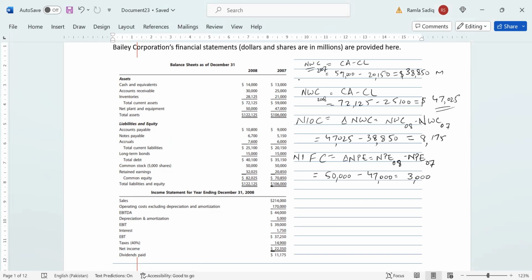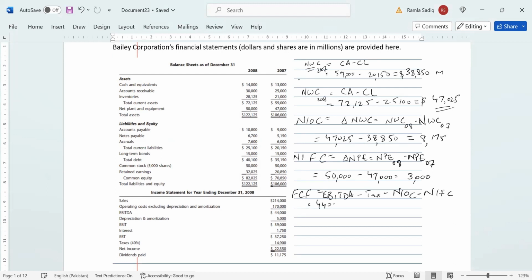So now we can calculate our FCF, because FCF will be equal to EBITDA minus our taxes, which come from our income statement, minus net investment in operating capital, minus net investment in fixed capital. This is sort of another way of looking at free cash flows. Looking at our statement, our EBITDA is 44,000.